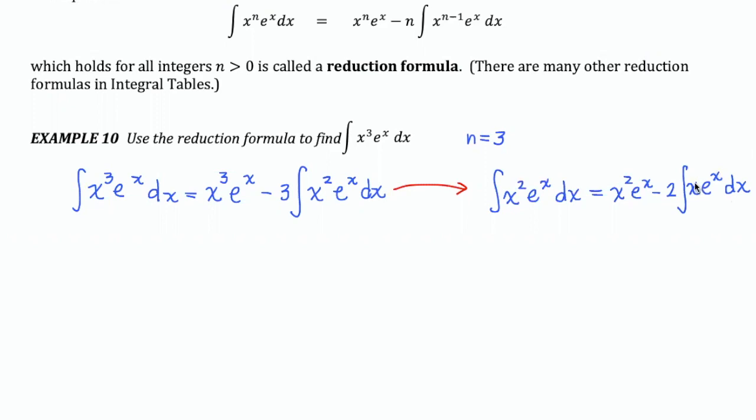But this is where you can start to get confused because you're taking an integral, then a subintegral, then a subintegral. So at this point, I'm going to take this, where I've gotten to, put it back over here so I don't lose sight of where I am in the overall problem. In place of this integral after the 3, I'm going to replace it with the red underlined portion.